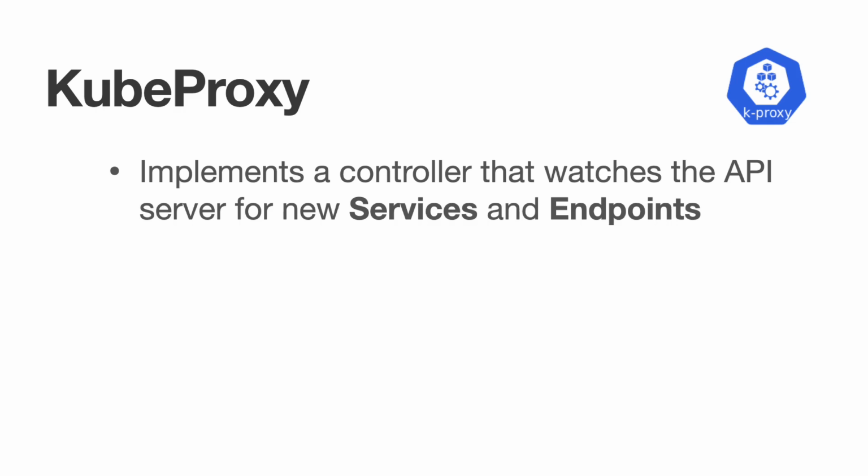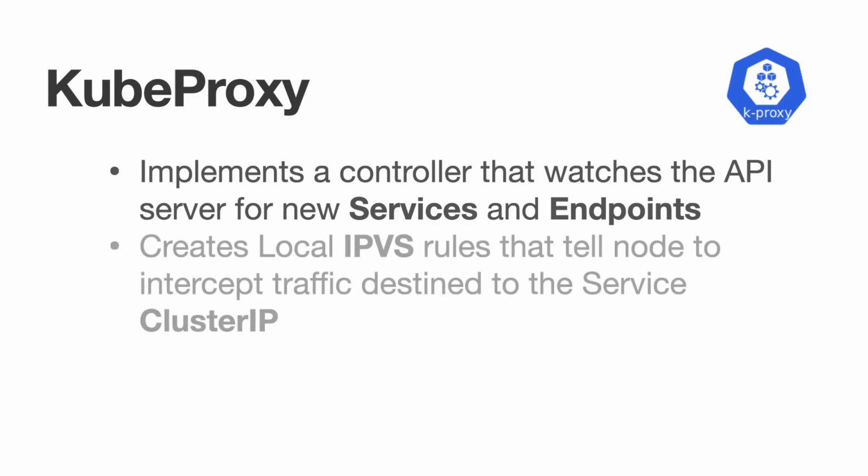Now, when there is a new service and endpoint, the kube-proxy creates a local IPVS rule or rules that tell the node to intercept the traffic destined to the service cluster IP. Now, this is important, right? So the name kube-proxy. Here it creates a local IPVS rule or rules that tell the node to intercept the traffic destined to the service cluster IP.